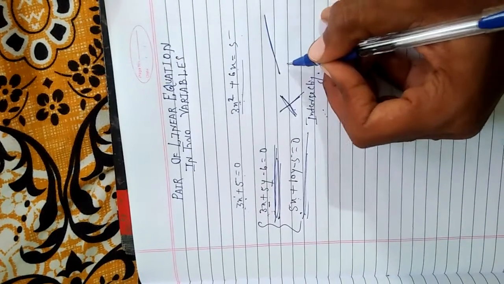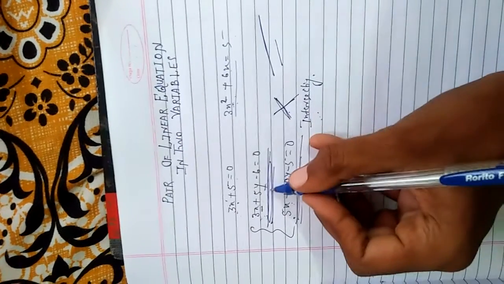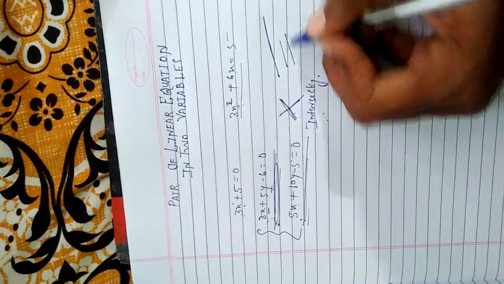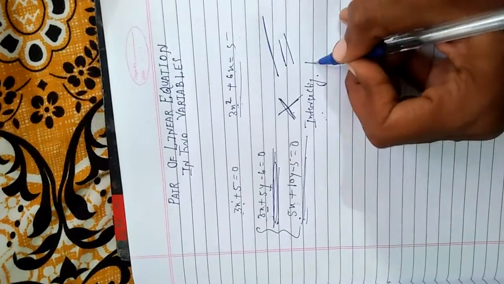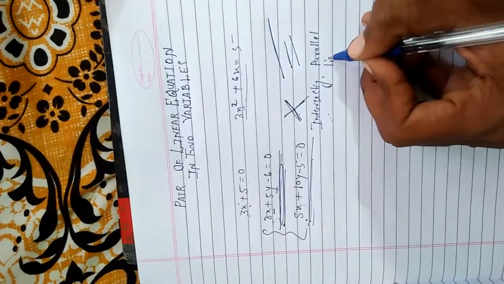The second possibility is that the line of this equation and the line of the other equation might be parallel. We can write it down, parallel lines, like that.